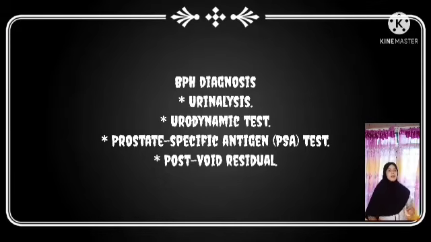The physical exam includes a rectal examination that allows the doctor to estimate the size and shape of your prostate. The other tests can include urinalysis. Your urine is checked for blood, if there's a presence of blood in your urine.